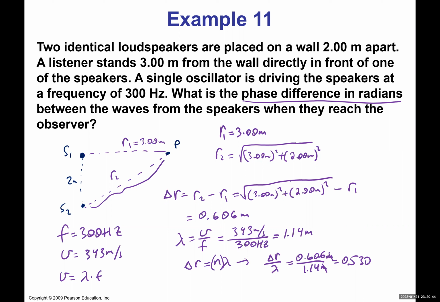Otherwise, any number without a unit doesn't really give us any information. But even if it's radians, we more or less know what we are talking about. So the phase difference will be 2 pi times this number that we calculated, 0.530, which equals 3.33 radians. And that's the phase difference in radians between the waves from the speakers when they reach the absorber.